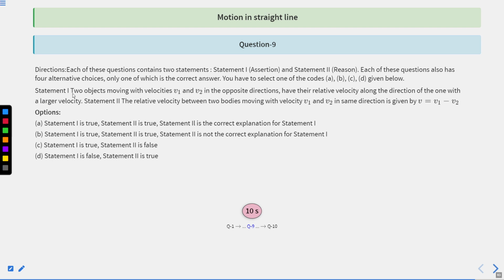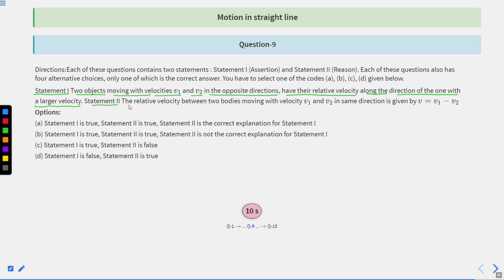Ninth question. Statement first: two objects moving with velocities v1 and v2 in opposite directions have their relative velocity along the direction of the one with a larger velocity.